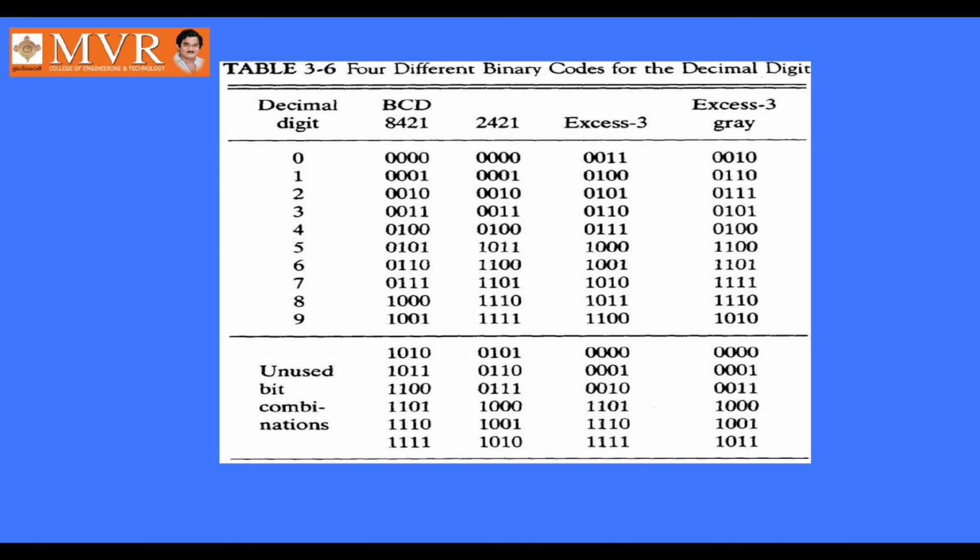If you change 1, you will get 8. If you change the value of 2, you will get 7. If you change the value of 3, zeros will be converted to ones and ones to zeros. So this is possible for 2421 and XS3 codes. That's why these two codes are called self-complementary codes.